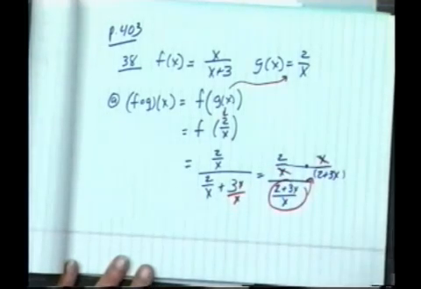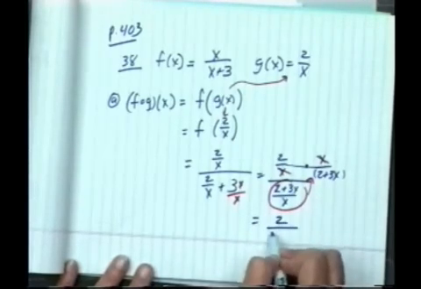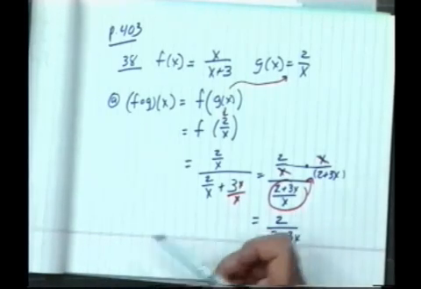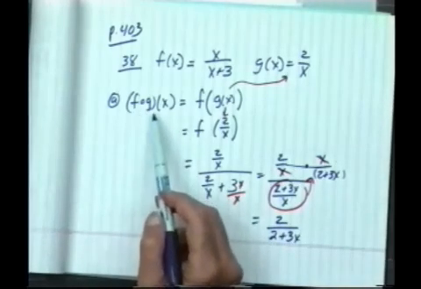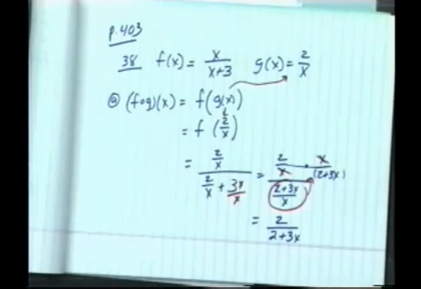They divide out. And we have 2 over 2 plus 3x. That's the composition of f and g at x. If you want to know the composition of f and g at 7, once you have this formula, you just put a 7 in for x. All right, everybody good?